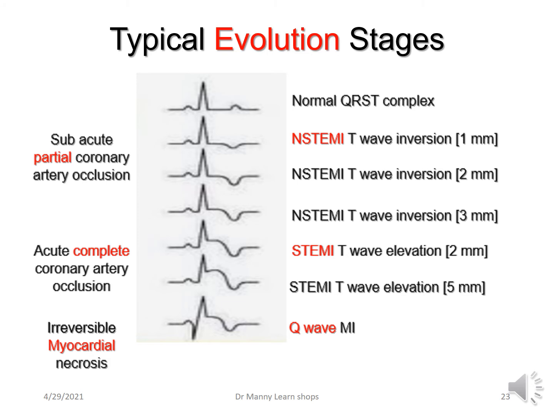These are the typical evolutionary stages which relate now to the ECG changes. You've got the normal QRS complex, and then remember it's the QRS complex, ventricular depolarization and repolarization that will be affected. So if there's a subacute partial coronary arterial occlusion, you'll get a non-STEMI.